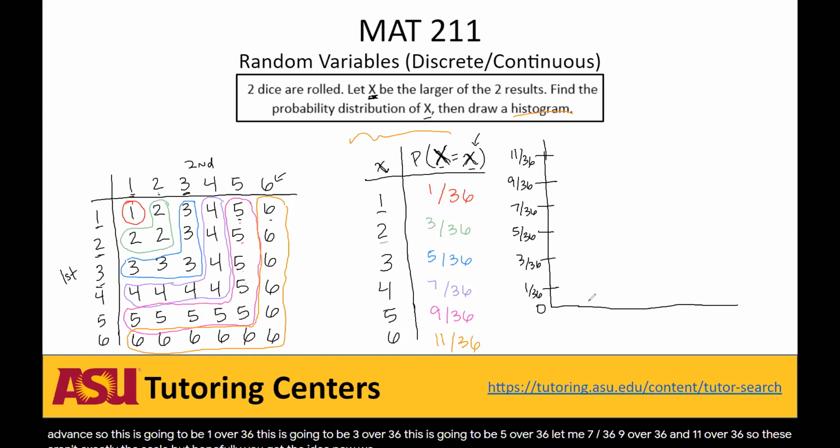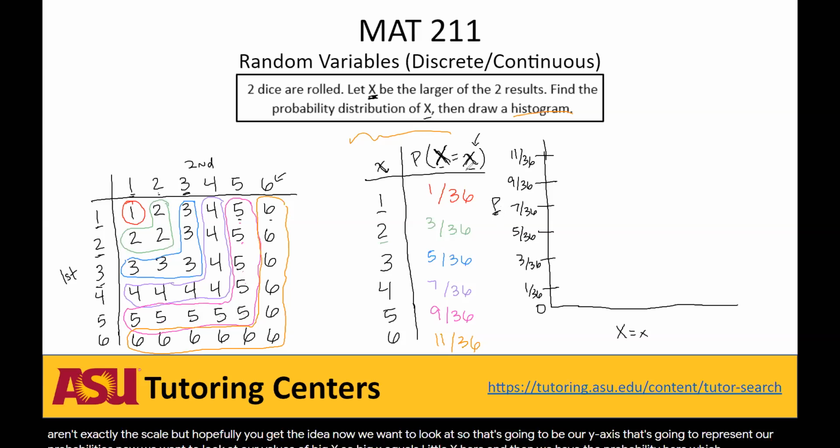So that's going to be our y-axis, which represents our probabilities. Now we want to look at our values of big X. So big X equals little x here. And then we have the probability here, which we would want to write in, but I don't have room. So that's okay.